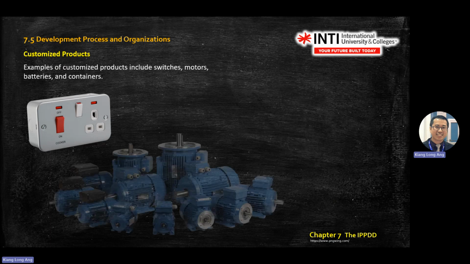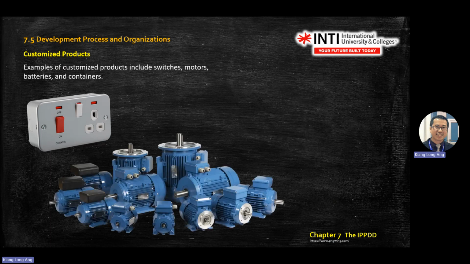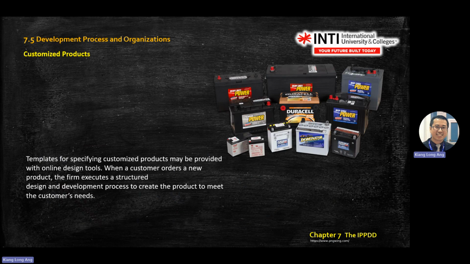So you have a different motor because of different operation or different requirement in the mission or in the operation. Batteries are also the same, they come with different sizes because of their requirements.